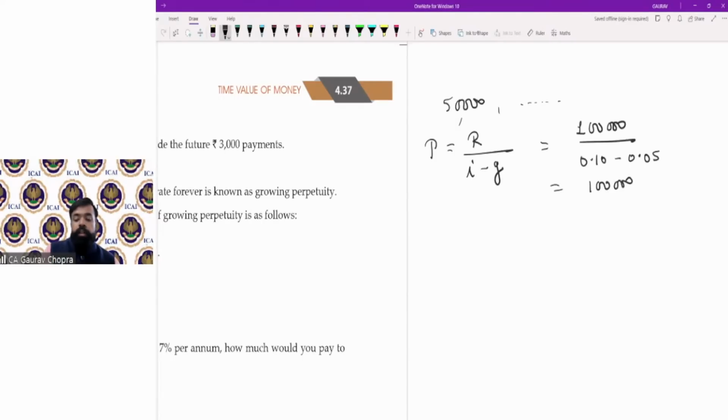So 1 lakh divided by 0.05. And now see how much you are getting. 20 lakhs. So 1 lakh divided by 10% minus 5%.